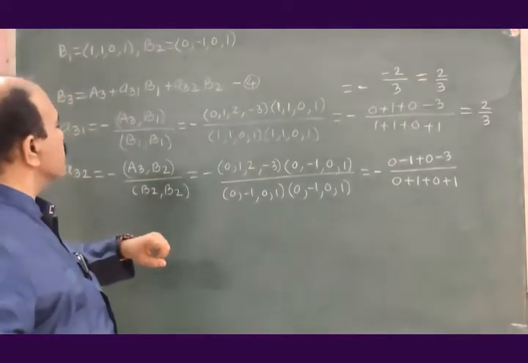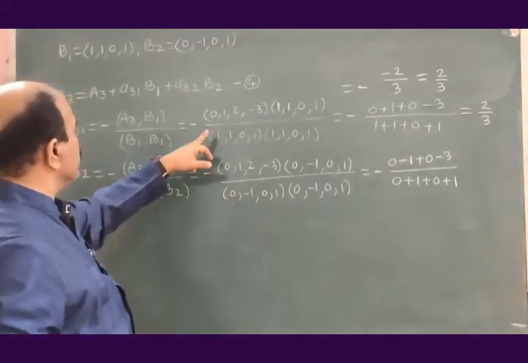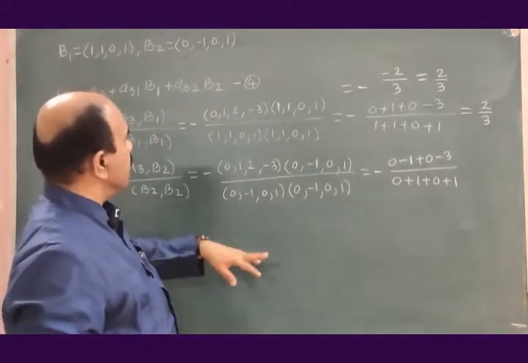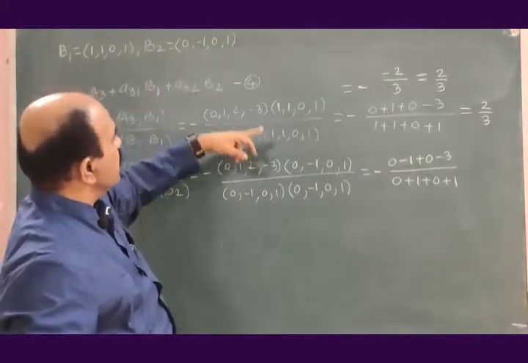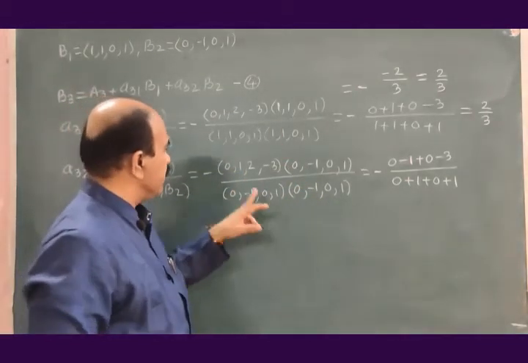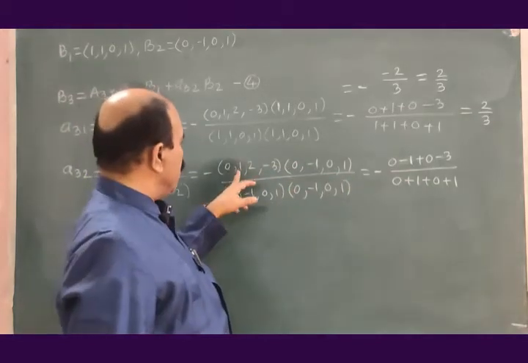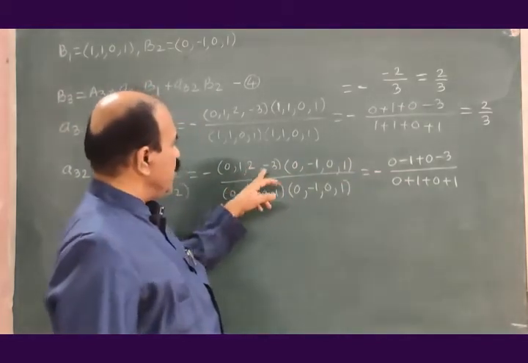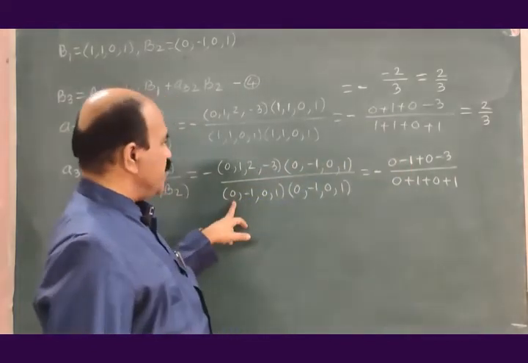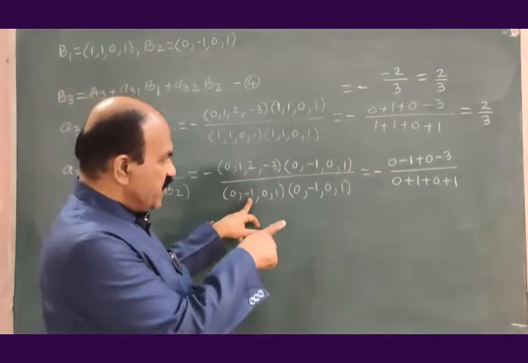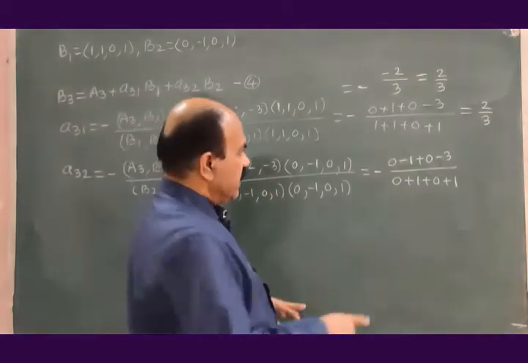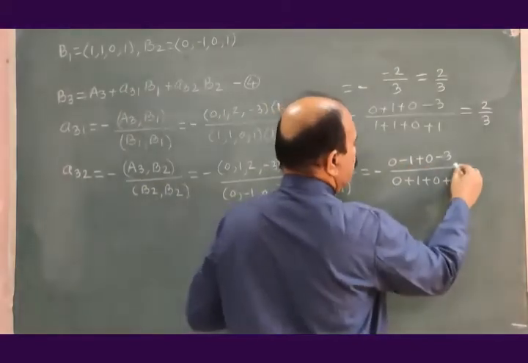Let us verify once more. A3, this one: 0 1 2 minus 3, correct. B2: 0 minus 1 0 1. 0 into 0 is 0, 1 into minus 1 is minus 1, 2 into 0 is 0, minus 3 into 1 is minus 3, 0 into 0 is 0, minus 1 into minus 1 is 1, 0 into 0 is 0, 1 into 1 is 1, so minus 1 minus 3 is minus 4.